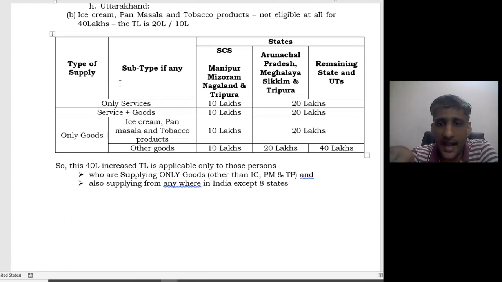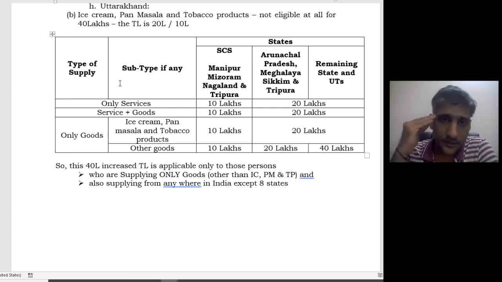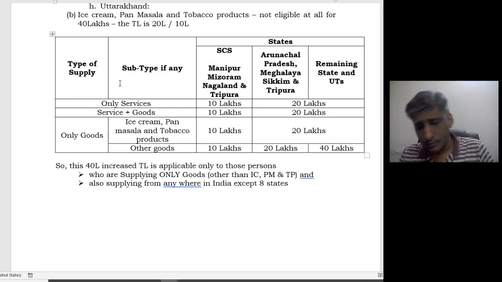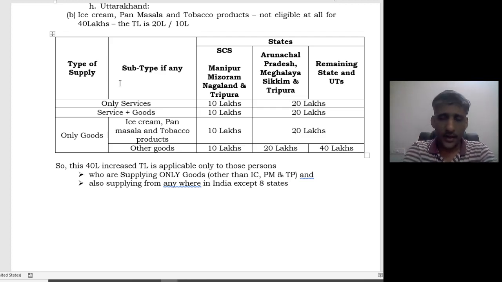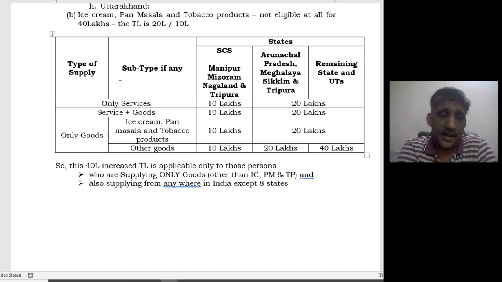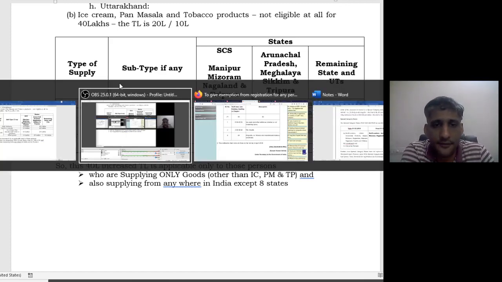This 20 lakh, 40 lakh is applicable from April 2019, which means the first time this was applicable for exam was not June 19 but December 19. In December 19, not much question came from this, which means the June 2020 or July 2020 exam and the following December 2020 exam may be the first exams where this question may definitely be asked. It's only a matter of time and not if.